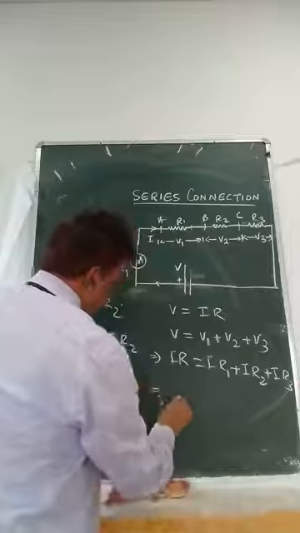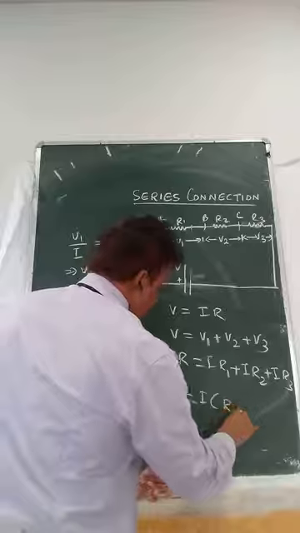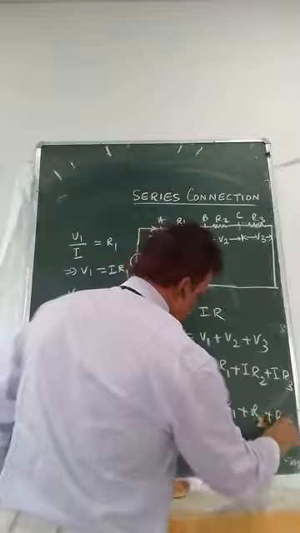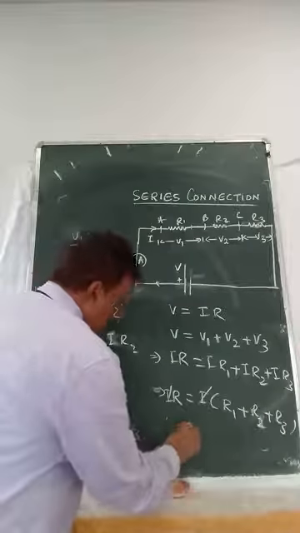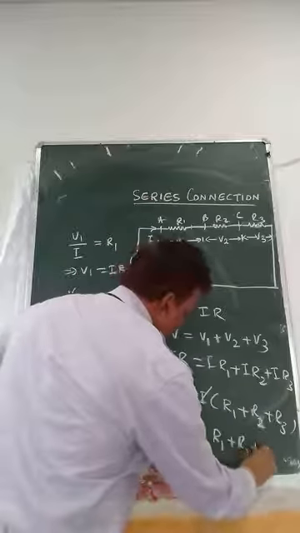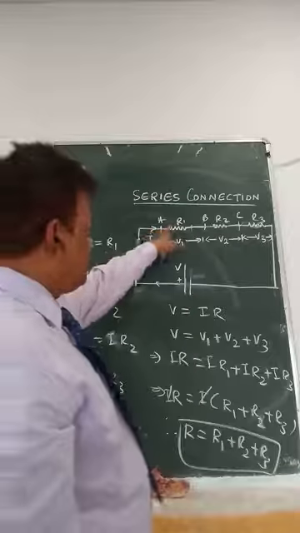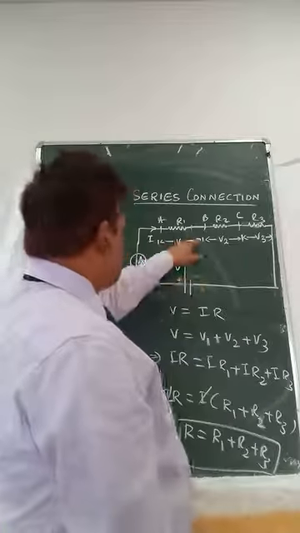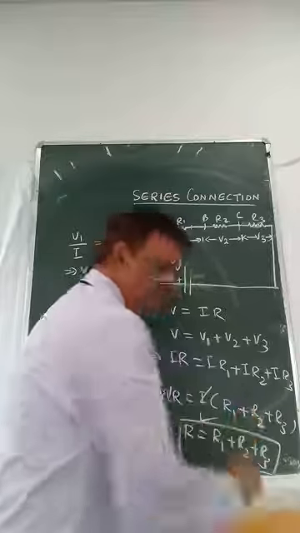So IR equals I common, R1 plus R2 plus R3. I cancels. So the resistance in series becomes R1 plus R2 plus R3. That means if the resistors are connected in series, your equivalent resistance will be the sum of the resistors. This is a formula which you will be using.